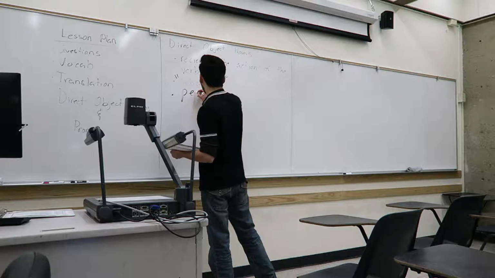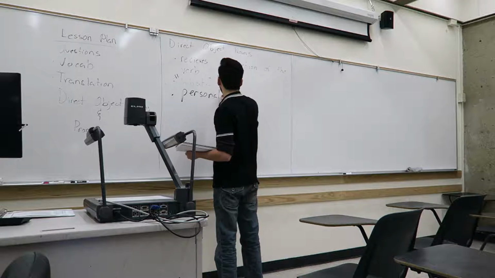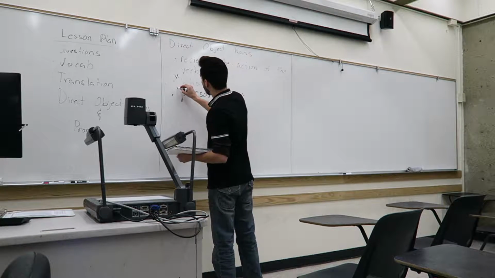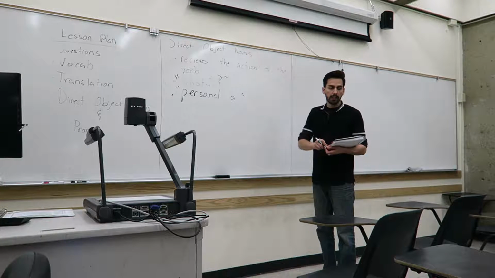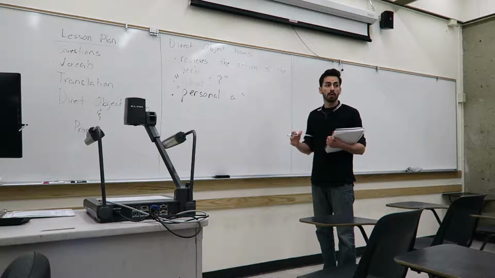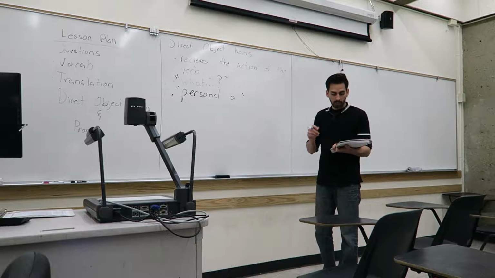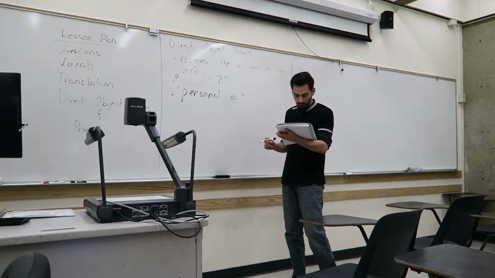Personal A. He's gonna probably lecture on it in class, and it's going to be a little bit more simple. I don't know if you went through it in the book. I didn't see it in the homework.